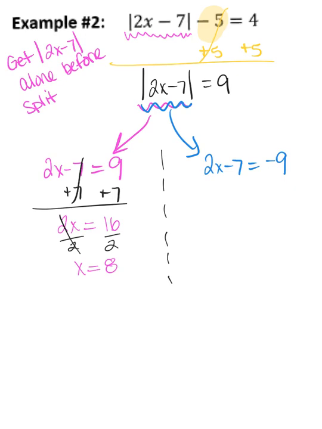Let's hop on over to the blue equation and do the same steps here. We're going to add 7, bring down the 2x, so that equals negative 2, and divide. So my second x equals answer is negative 1. And just like the first example, we want to make sure that we are checking our solutions.